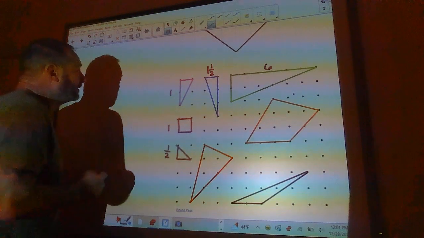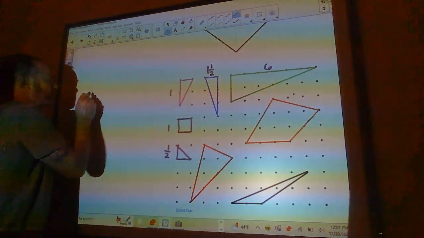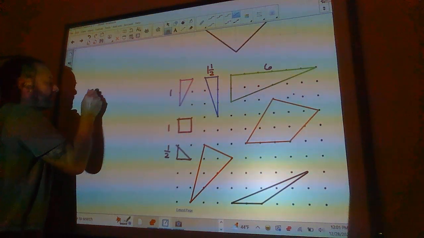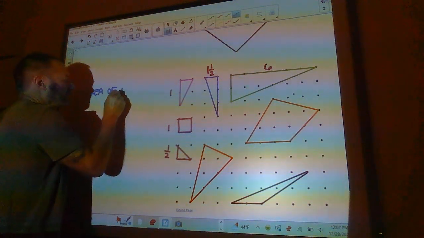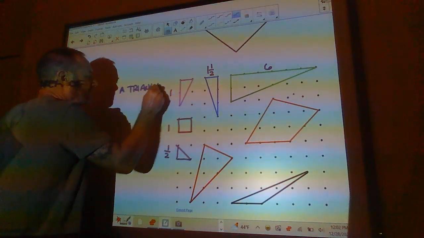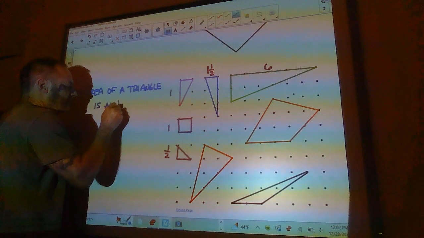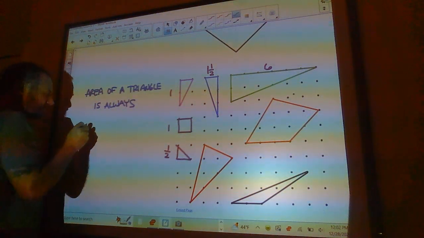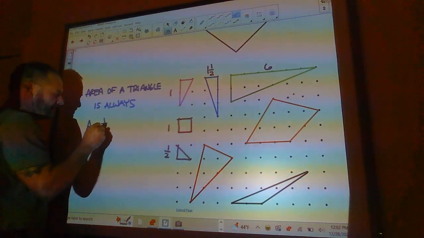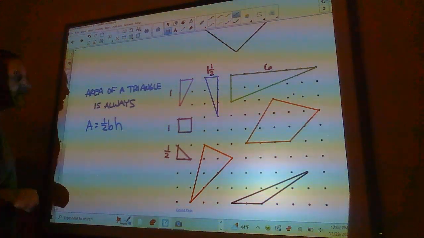Now, the area of a triangle is always 1/2 the base times the height.